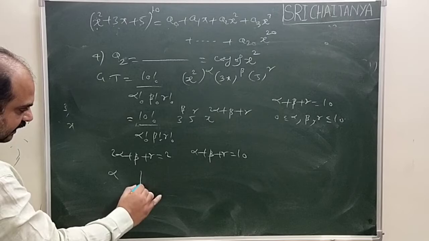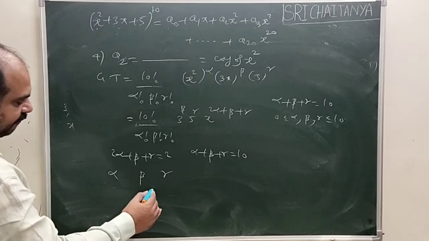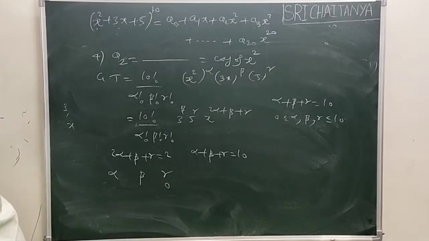Now find alpha, beta, gamma. Substitute gamma equal to 0 first.